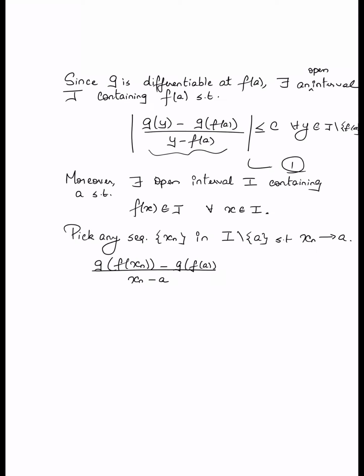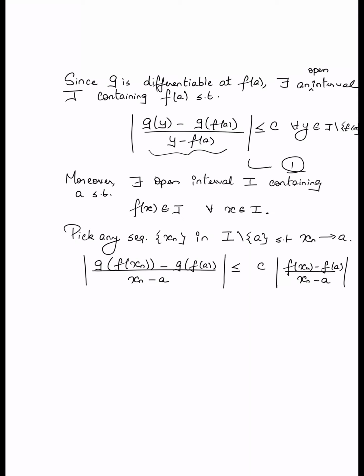Okay, I want to argue that this fellow has a limit of 0 as n tends to infinity. Okay, how do we do this? Well, first we are going to bound this as follows. This, I claim, is less than or equal to C times |f(xn) - f(a)|/|xn - a|. Okay, this is in fact the main crux of the argument.